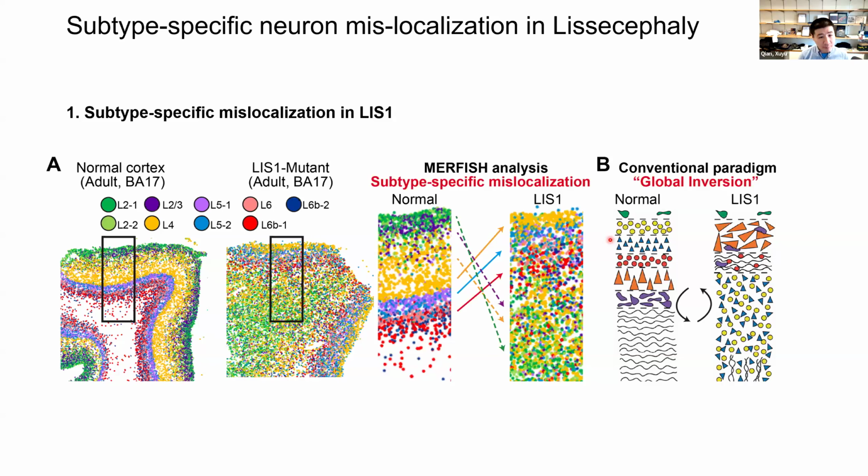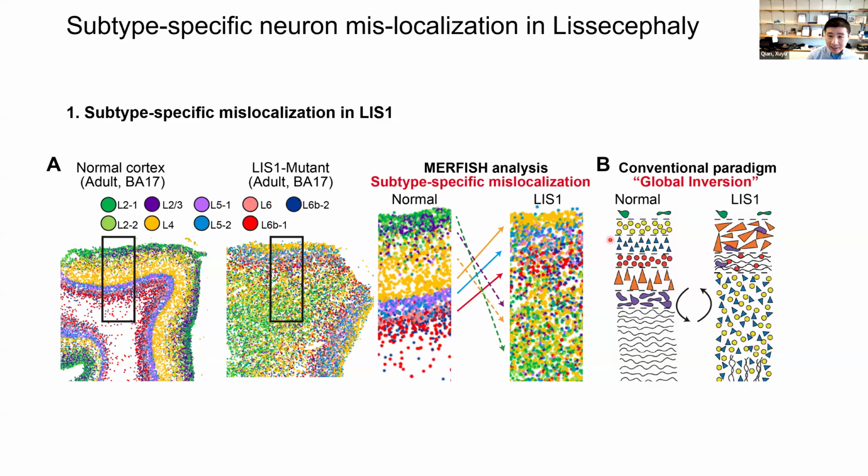But now with the help of MERFISH, we can really pinpoint that the shared neuronal subtypes found between control and disease seem to include most of the neuron types that you would find in the normal brain, but they all mislocalize in the cortical layers in a specific manner: certain neurons go up, certain neurons go down, and we can pinpoint all of these.